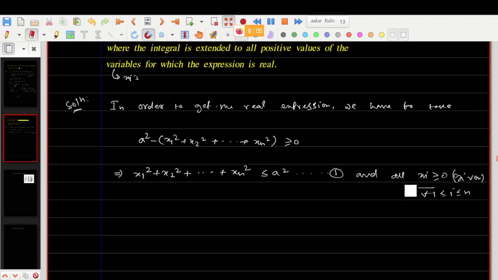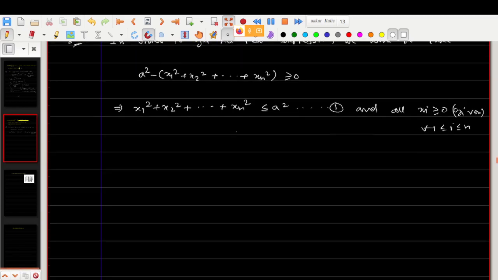So now you have to somehow convert this integration to an integration where the expression can be written as u1 plus u2 plus u3 dot un, so that their sum is less than or equal to some constant, right?